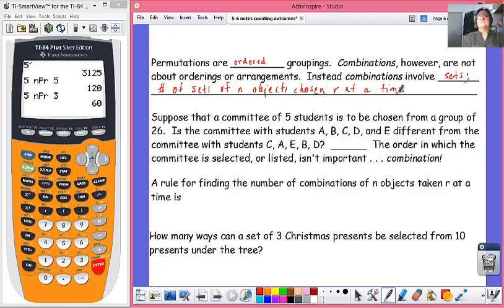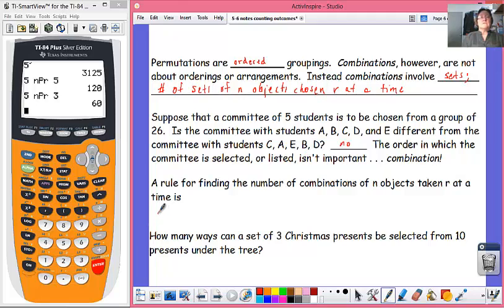For example, suppose it says a committee of 5 is to be chosen from a group of 26. If the committee with students A, B, C, D, and E is chosen, is that different from the committee with these students, C, A, E, B, D? No, they're the same people. The order that you select them doesn't matter in a combination. It's just the ones that you have selected that matter, not the order that they're taken.